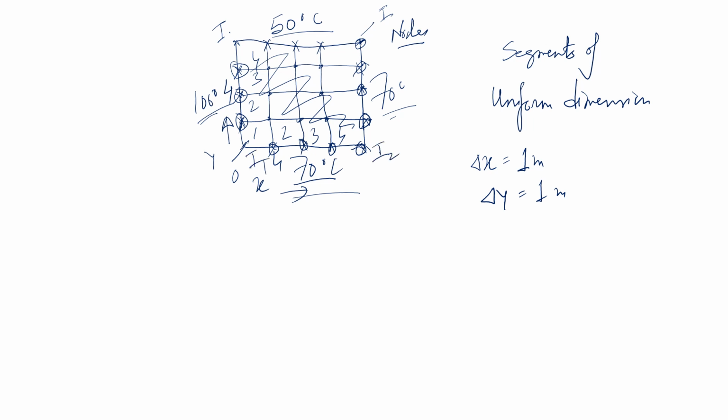So these 4 points we are ignoring, and all the other points at the edge are at the edge temperature. But these 9 nodes, or 9 points, we do not know the temperature at.